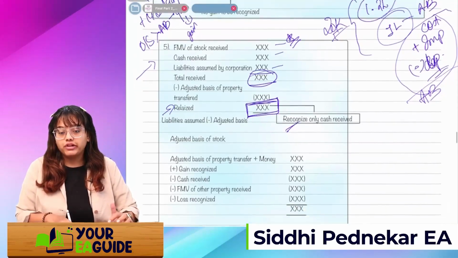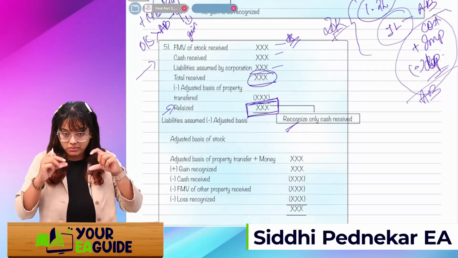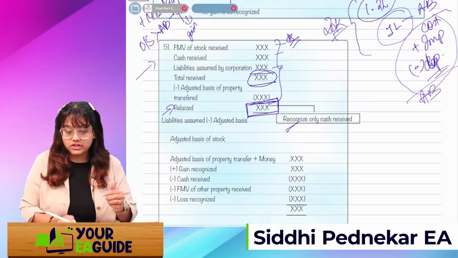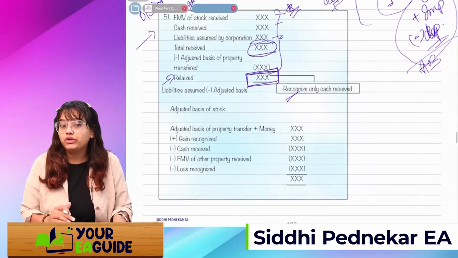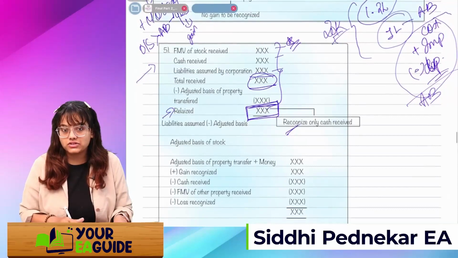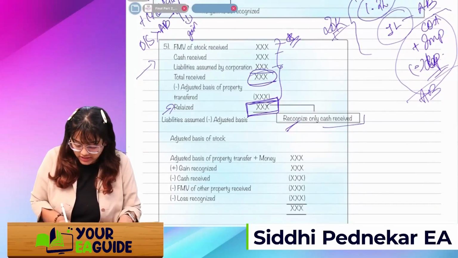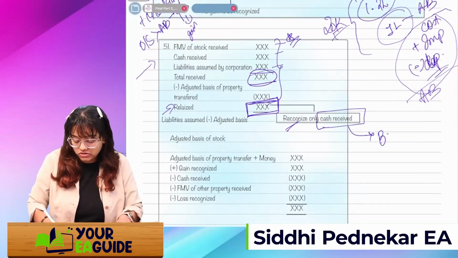When you come to an amount after this calculation, that is your realized amount. Out of this realized amount, you need to figure out how much to recognize. The answer is, I'll recognize whatever is the cash received. We also call it the boot received, right?